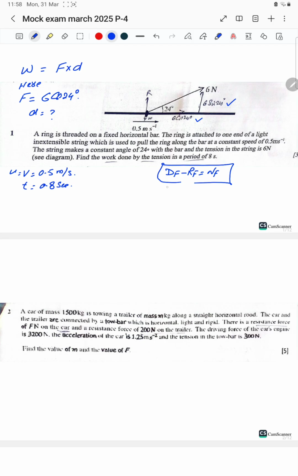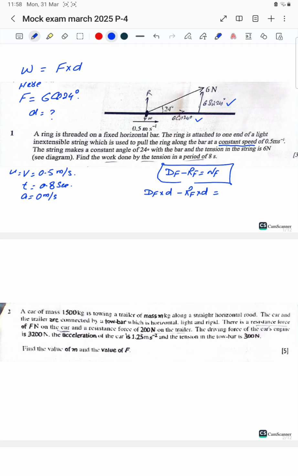If you multiply each term by the displacement d, F times d minus R times d is equal to m times a times d. Since the body is moving at constant velocity, the acceleration is 0, because u and v are constant and acceleration is the rate of change of velocity.